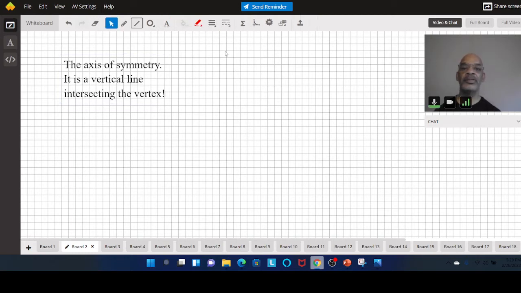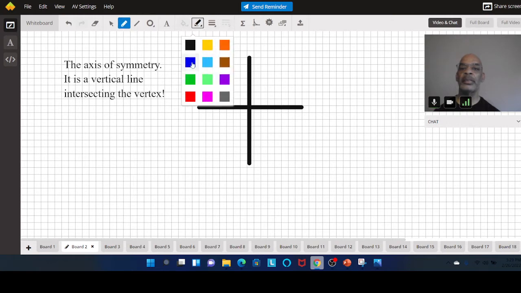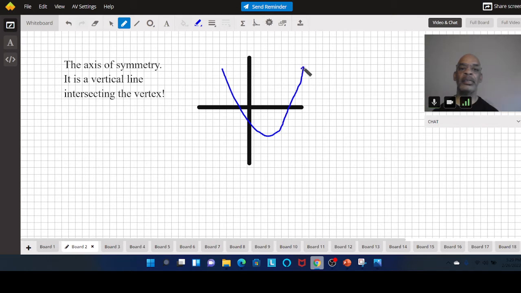Let's get a visual of the axis of symmetry. For this parabola, we will have the vertex located here approximately. This is just a sketch. And the axis of symmetry is typically identified with a dotted line.